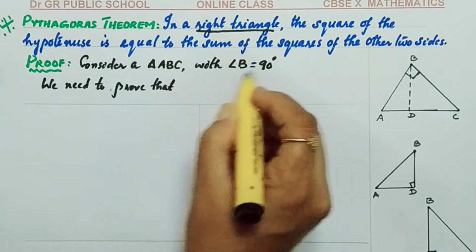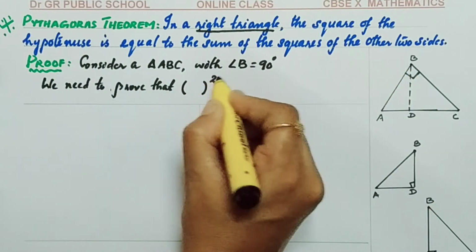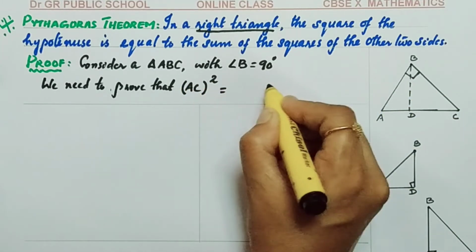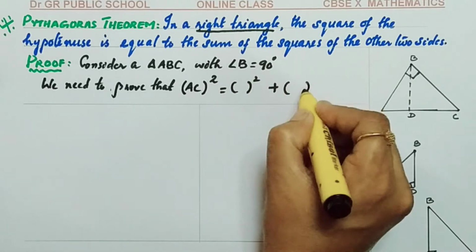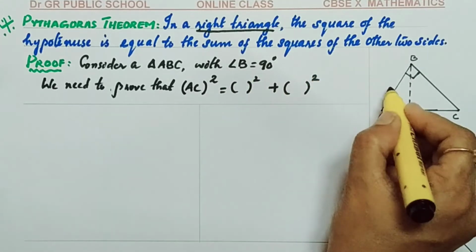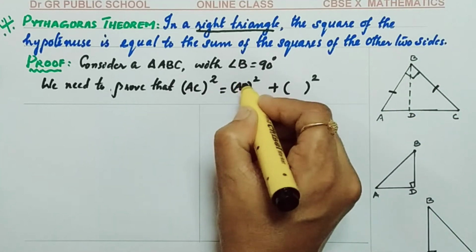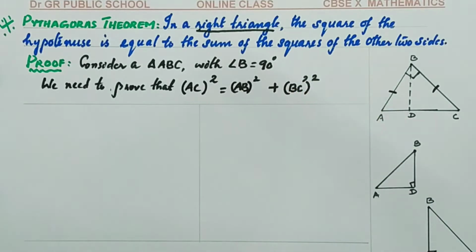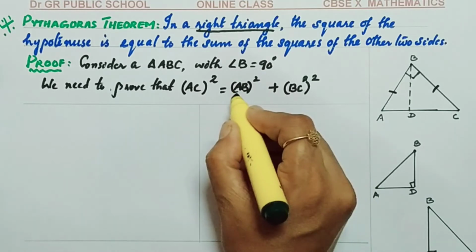The square of the hypotenuse, the side opposite to the 90 degree, AC, equals the sum of the squares of the other two sides. Which are the other two sides? AB and BC. So AB square plus BC square, this you need to prove.